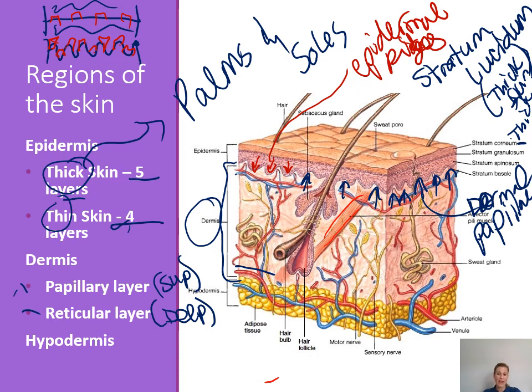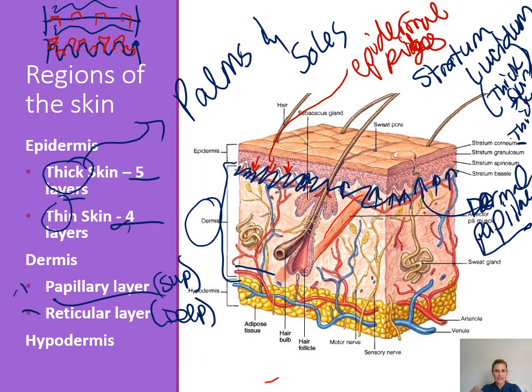Okay, so dermal papilla and epidermal ridges interlock with each other to increase surface area. That's why we call this top area of the dermis the papillary layer, because it's where the papilla are located. That's where that term papillary layer comes from. The papilla are there.